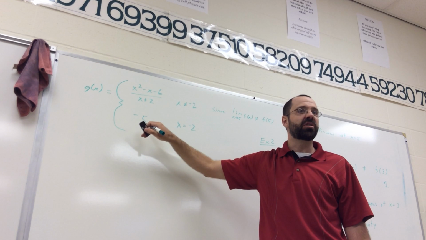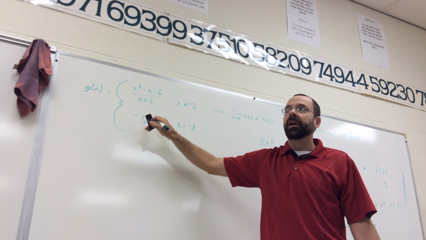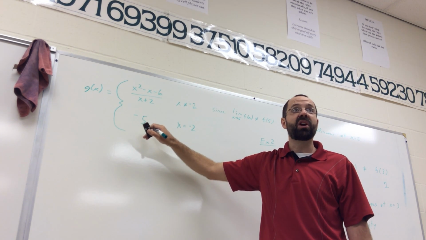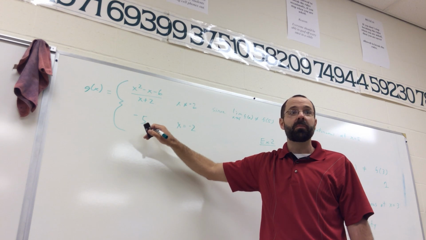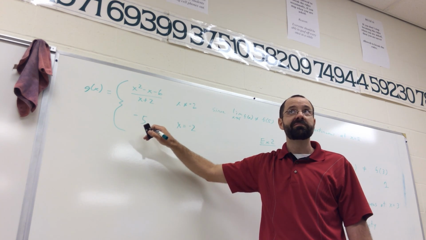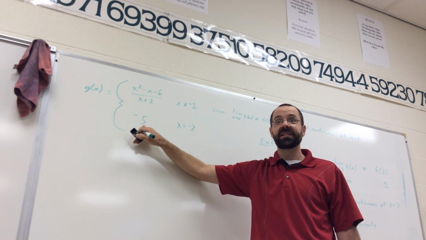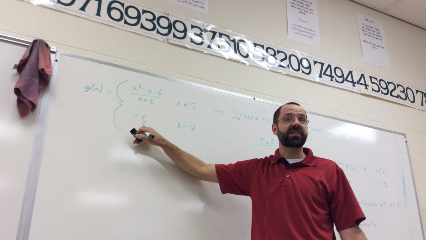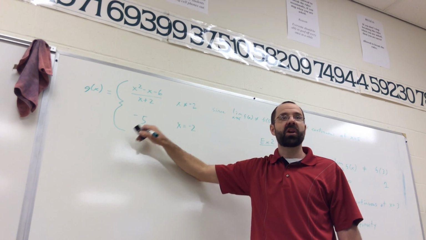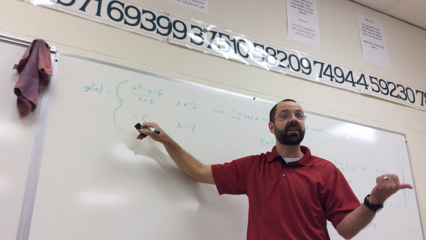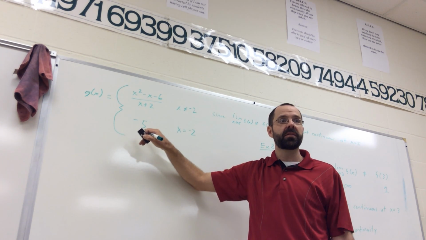Now if you don't like that, you could put x plus 2 minus, let's see, -2 plus 2 is 0, -5. X plus 2 minus 5 if you want, right? Or you could put x minus 3. Whatever formula you want here that spits out -5 would be just fine.